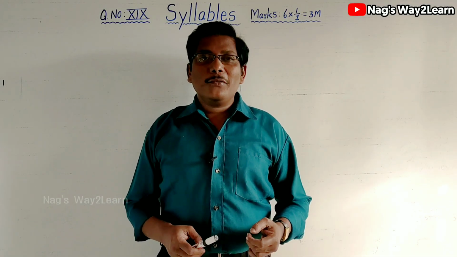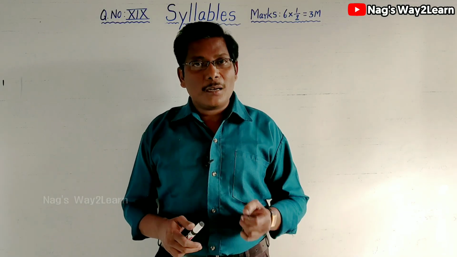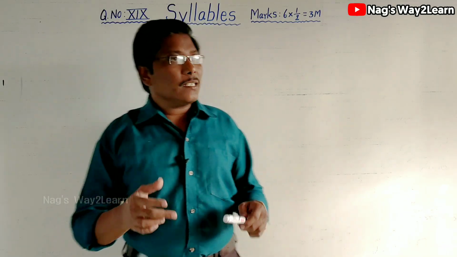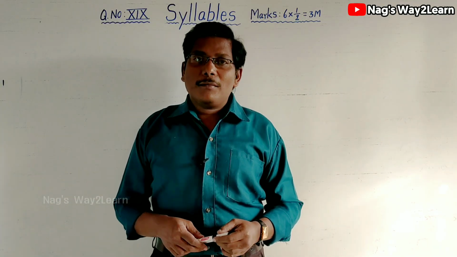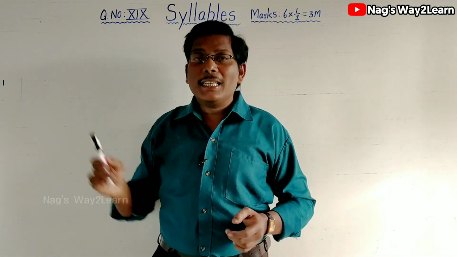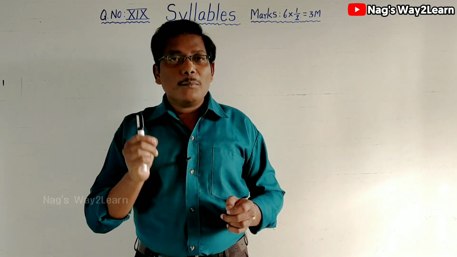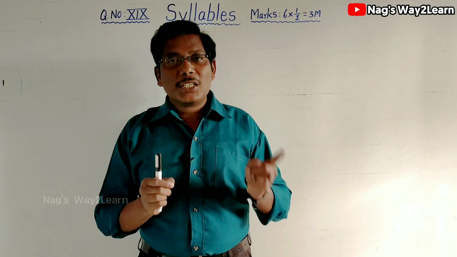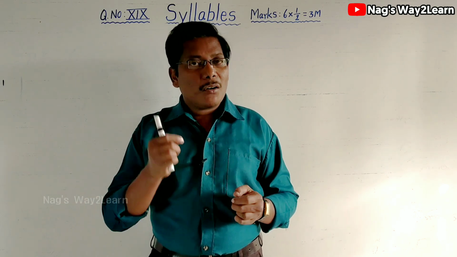And in this class today, I am going to explain to you one of the easiest topics in grammar for intermediate first year English: syllables. In our public examination, under question number 19, 10 words are given. Now we need to write the number of syllables for any 6 words out of these 10 words, and each one carries half mark.